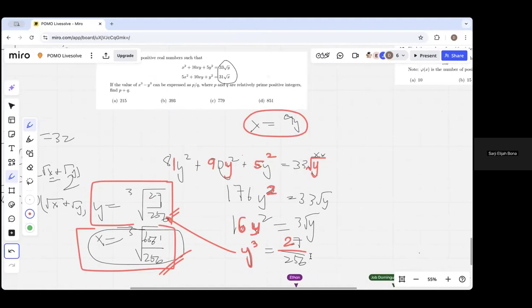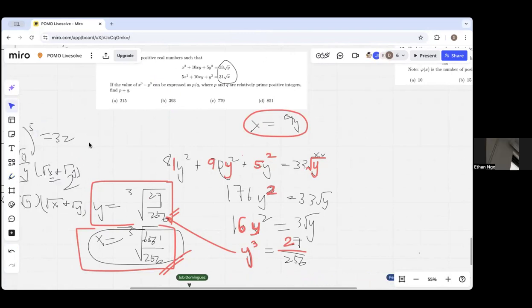Is y cubed 27 over 256? It seems that you squared both sides, right? In 16y squared equals 3 root y. Yes. Then y is the numerator 27. Okay, wait, let me annotate the process. So 256y raised to 4 equals 9y, which gives y raised to 3 equals 9 over 256, guys.